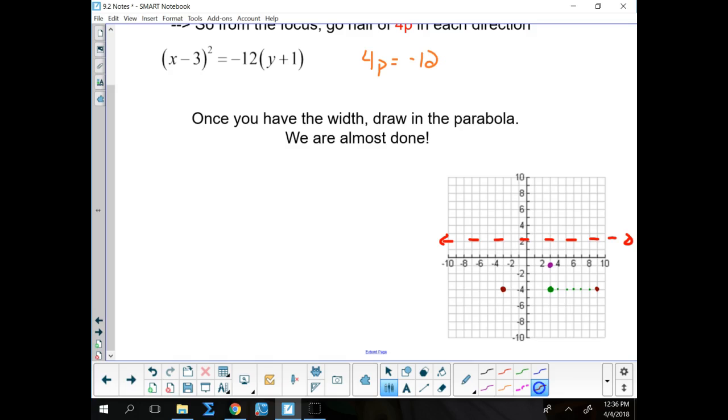So those are points that my parabola goes through, because that's how wide the parabola is at that focus. So now what we can do is we can draw our parabola in.